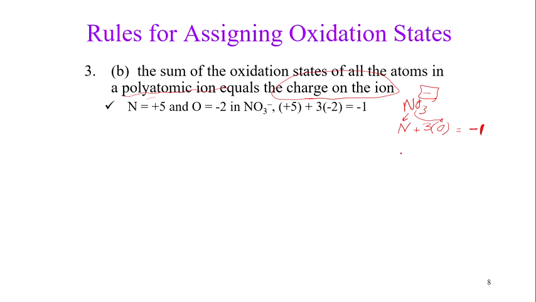Look at this example I gave you earlier, NaCl. Oxidation number of Na plus oxidation number of Cl. When we say Na, let me write Na positive, Cl, let me write Cl negative, because they are metal and non-metal, anion and cation, ions. It should be equal to the charge. The charge for this compound is 0, so you should write 0. But the charge for this ion is -1, so we write this.